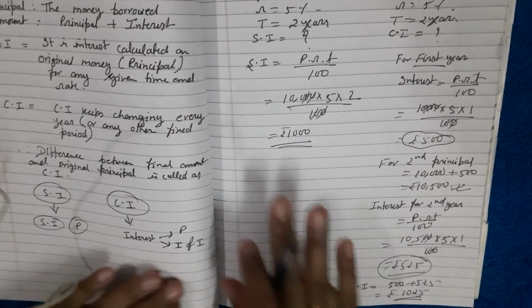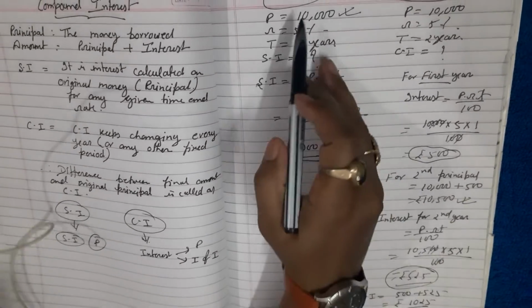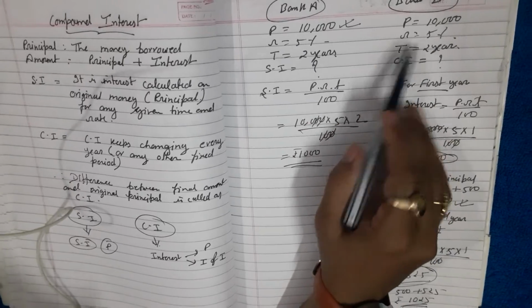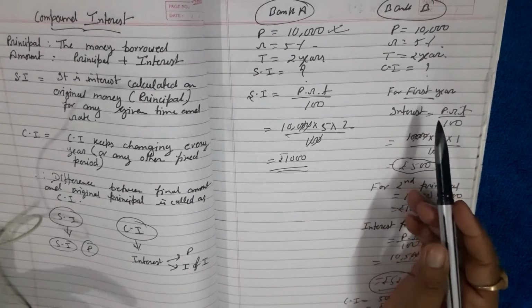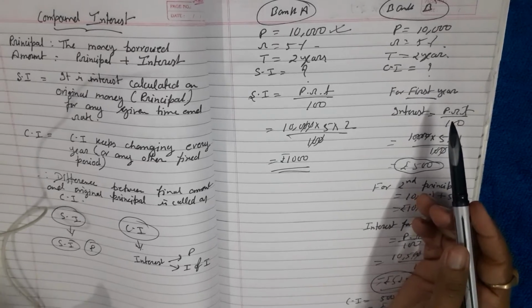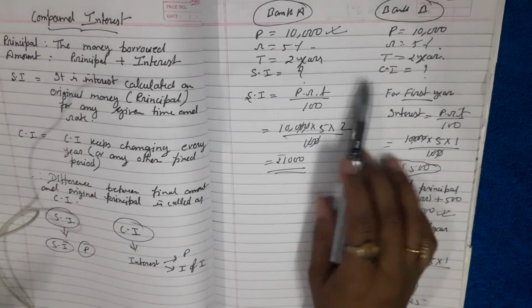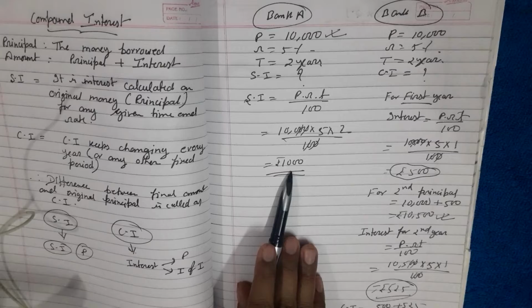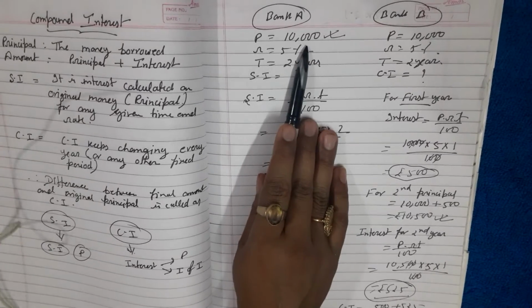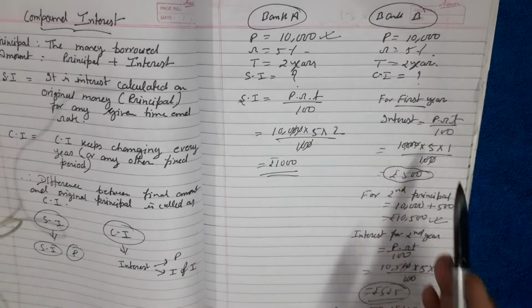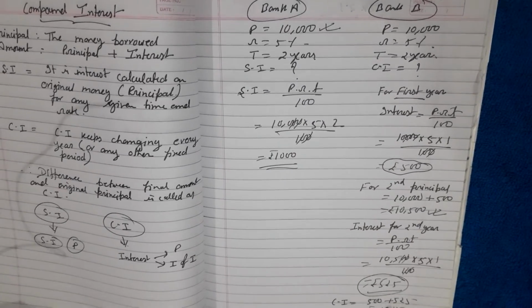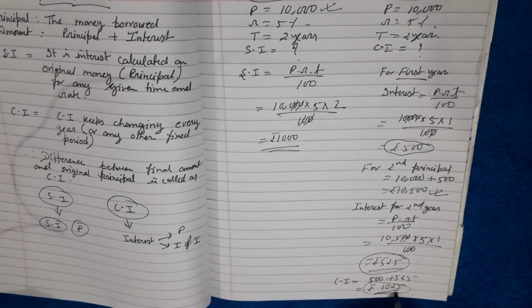See the difference between both the interest. Principal was same, rate was same, timing was same. Only the change in one thing, and that is SI and CI. Here bank has to pay 1000 rupees after 2 years to the person who has submitted rupees 10,000, but in bank B, bank will provide that person 1025 rupees.